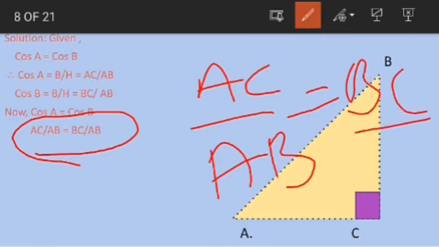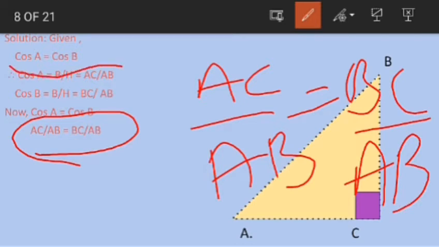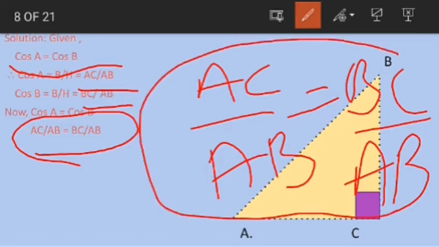Those who have not understood yet, remember class, we are given that cos A equals cos B, and I have just substituted the values of cos A, that is AC by AB, and cos B, that is BC by AB. So we will get this type of equation.